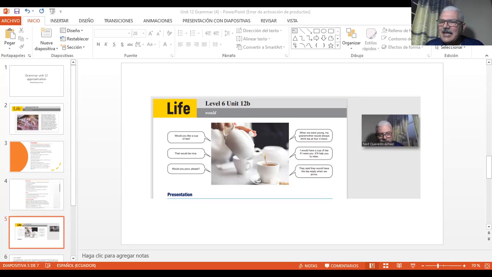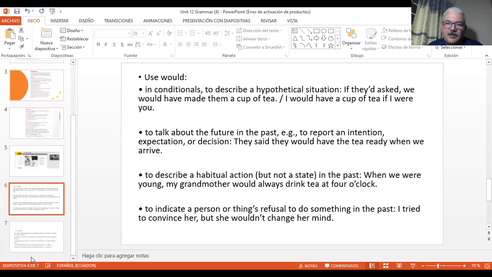Well, what's the analysis we have to do to understand this structure? It's quite simple. You can see that we use would here in conditionals. It's the common way to use would, okay? So we use it because we want to describe a hypothetical situation.